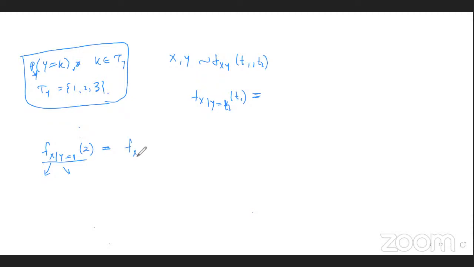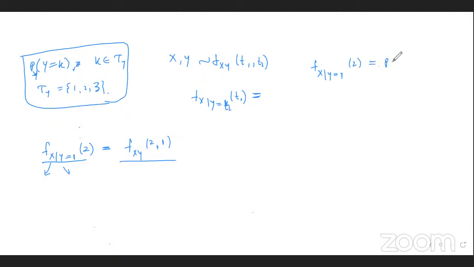So this is f of x y of 2, 1, divided by the total marginal of this table, ma'am. Let him speak. If I write f of x given y equals 1 of 2, what does it mean?